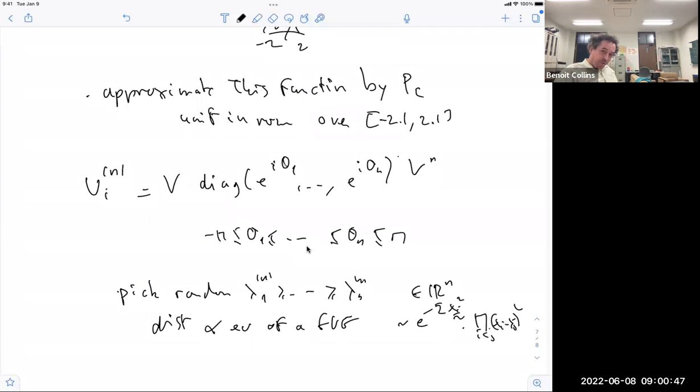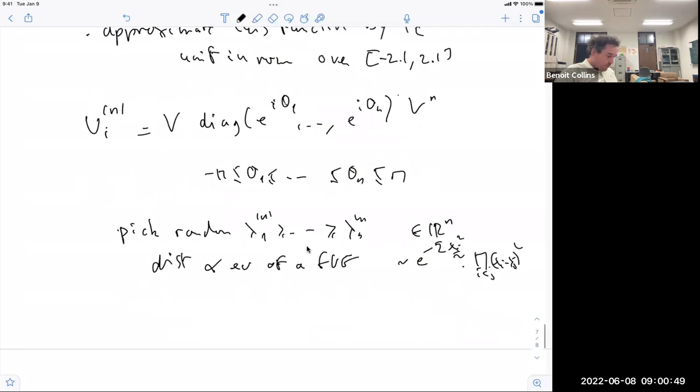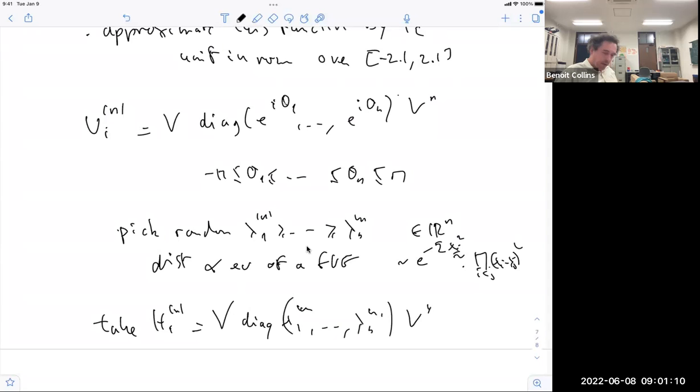And now the solution, basically, is you take H_i^n to be V times diagonal of λ_1^n, ..., λ_n^n times V star. And that's basically the solution to the problem.